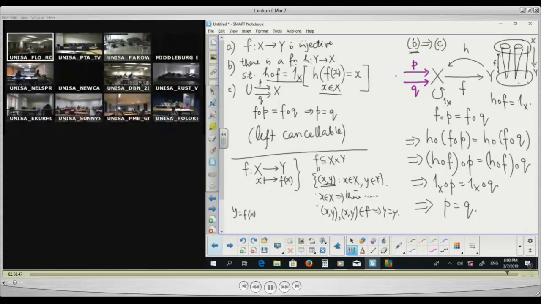So now think, how does injectivity add to this? For instance, this I don't know where to take, but for instance, if I started off here, I go here, and I know how to go back here. That's immediate.